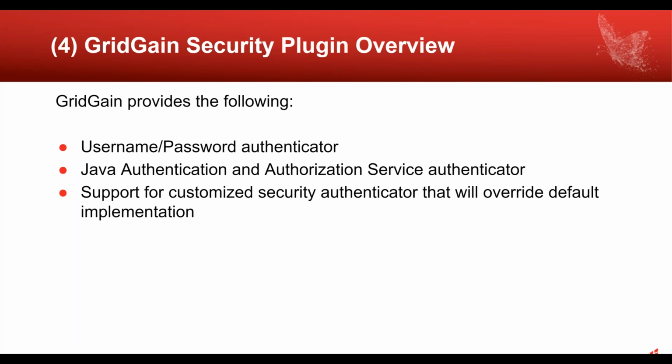And it also provides the possibility to create custom security authenticators that can implement your logic. For example, you can use zero auth in your authenticator, but you need to create this code. So I will provide the link to an example in the documentation on how you can do it on the last slide.